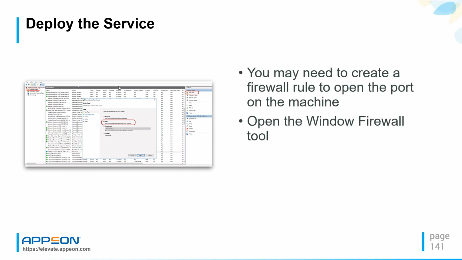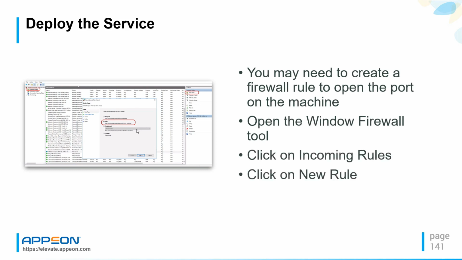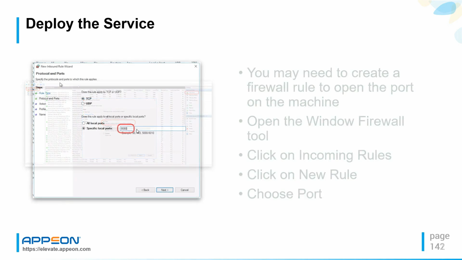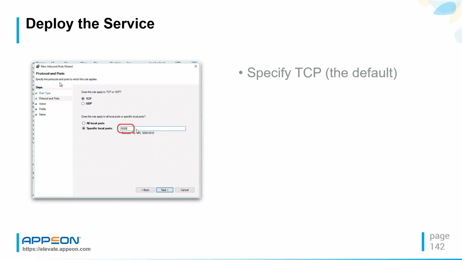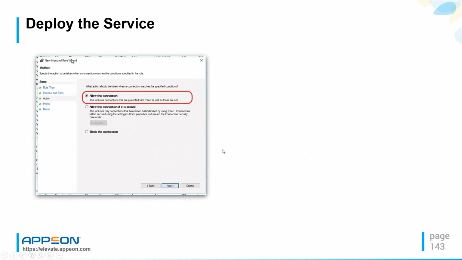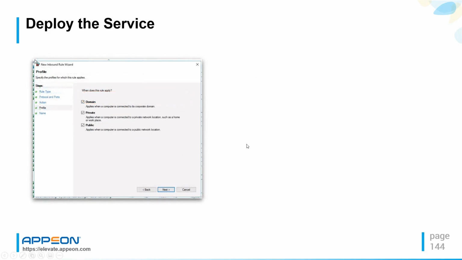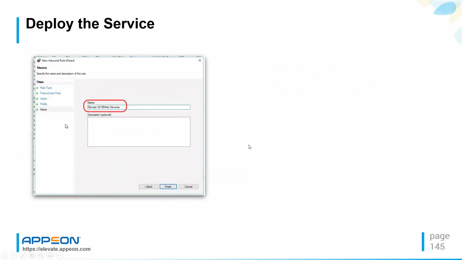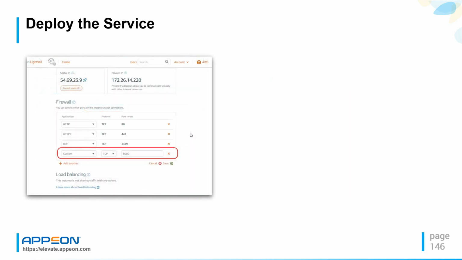From Windows Firewall, I indicate I want to create a new incoming rule, and choose the port, in this case 8080. I indicate that I want to allow TCP access, that I want to allow the connection. I left these as the defaults, and then I give it a name. That way, when I come back to it later and wonder, why is port 8080 open on this machine? Oh yeah, it's that web service. So I give it a name and I'm done.